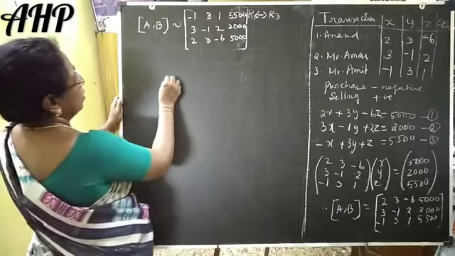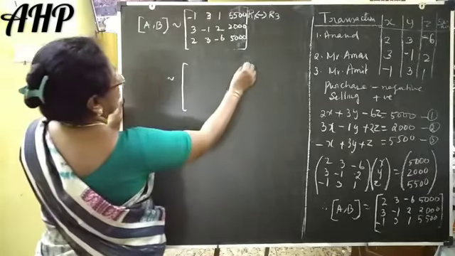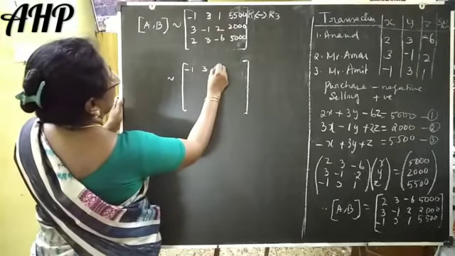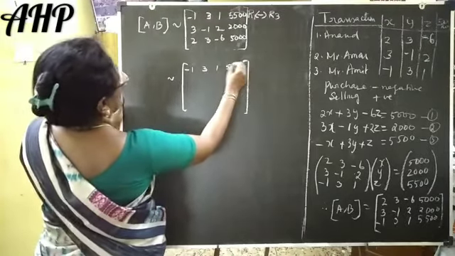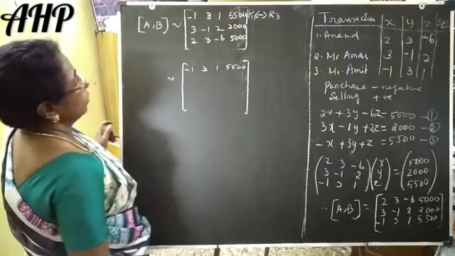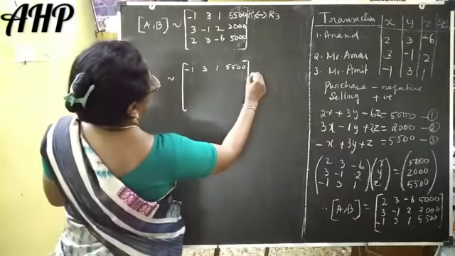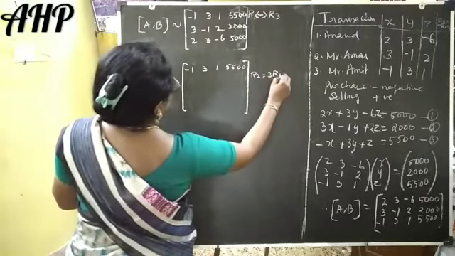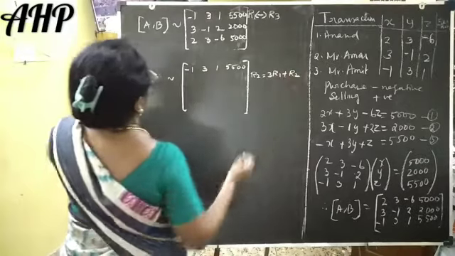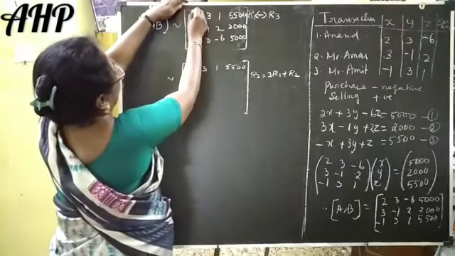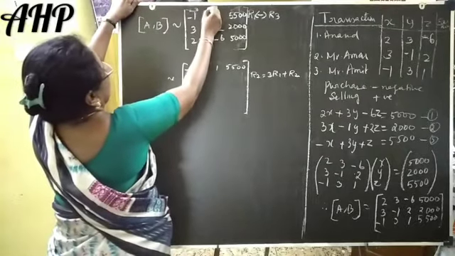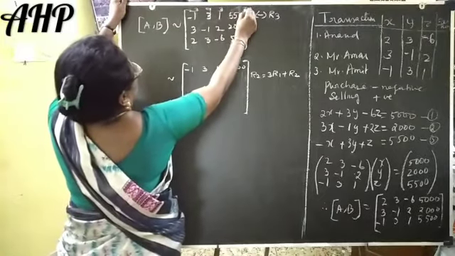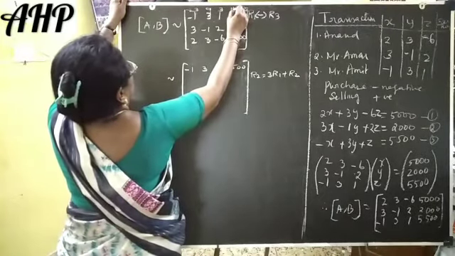Next our aim is to make the first element of the second row 0. So R2 is equal to 3R1 plus R2. 3R1 gives you -3, 9, 3, 16,500.